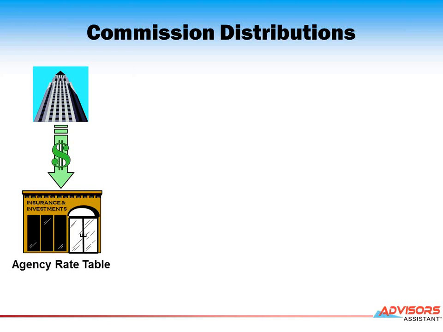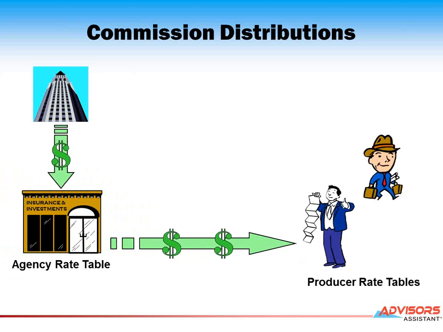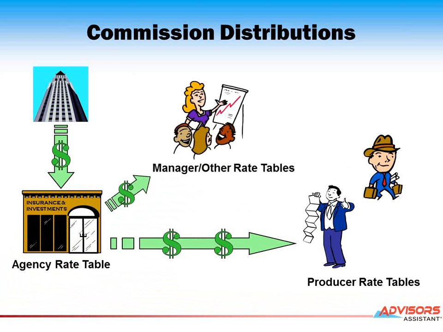Then, if you are paying any commissions to the agents, those rates get set up in the producer rate tables. And if any commissions are being paid to managers or other payees, maybe a brokerage agency, you would set up that information in the manager or other rate tables.